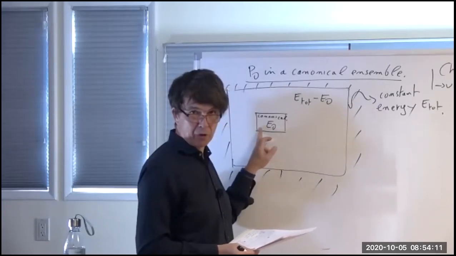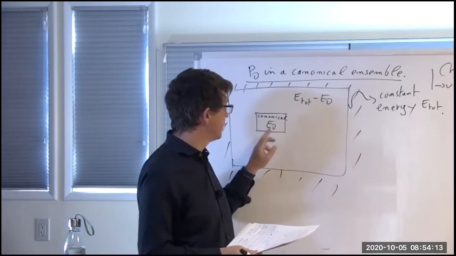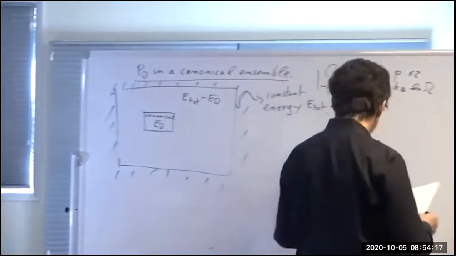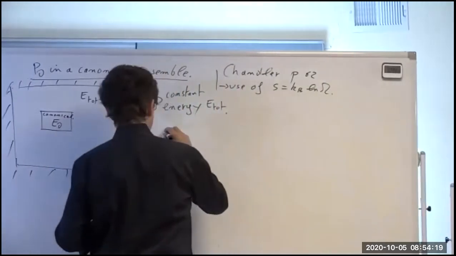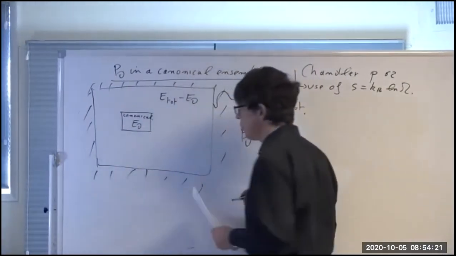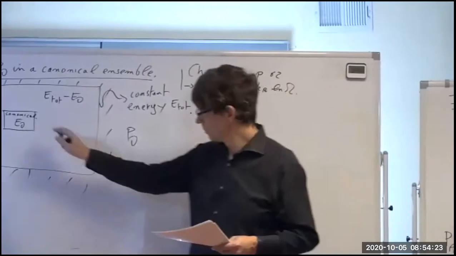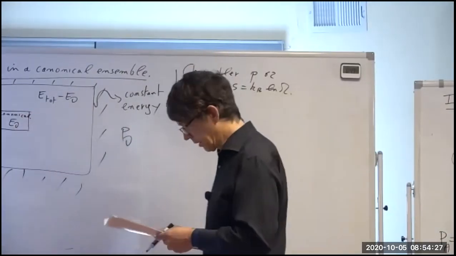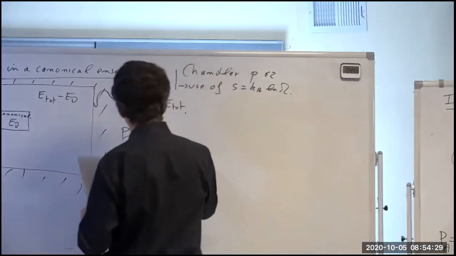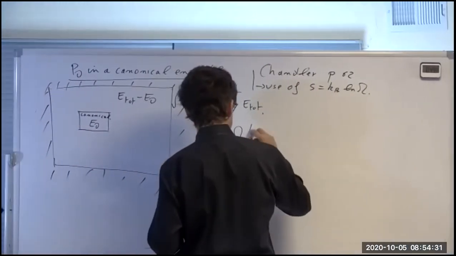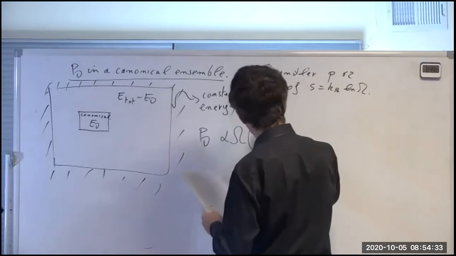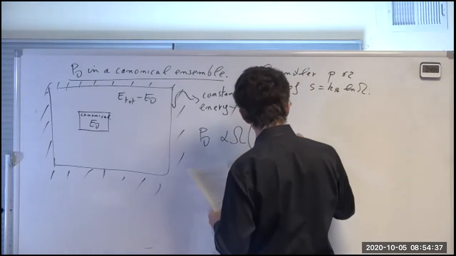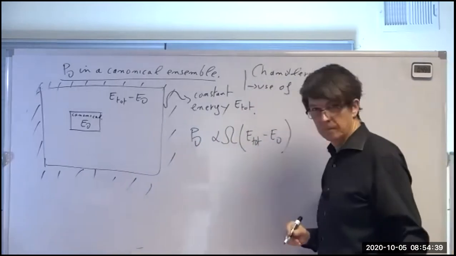What we really want to know is how often is energy E nu concentrated in this part of the system. So the probability to have energy E nu, I'm now writing the probability to have a certain energy in this subpart of the system, has to be proportional to omega of E total minus E nu. Why?